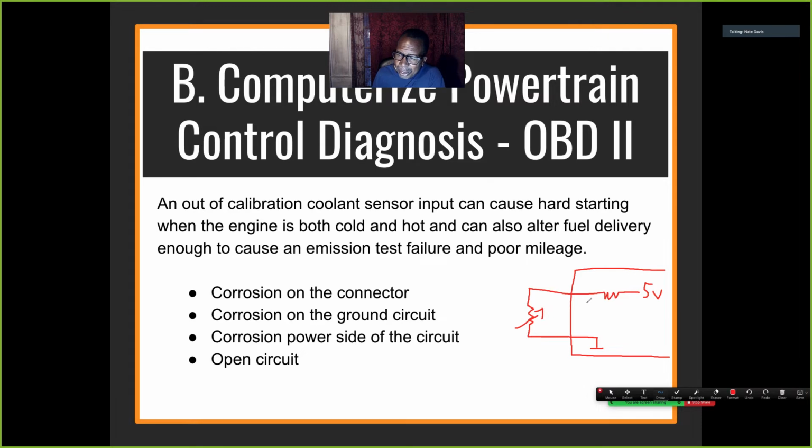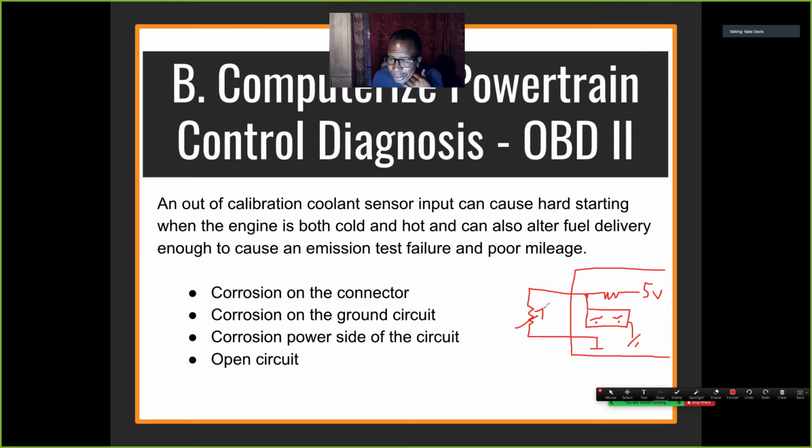Okay, remember, the computer is watching a voltage drop off that second resistor. This is an internal comparator, like a voltmeter. It's watching a voltage drop across this resistor here, based off resistance. And this is a thermistor. It changes resistance with temperature.